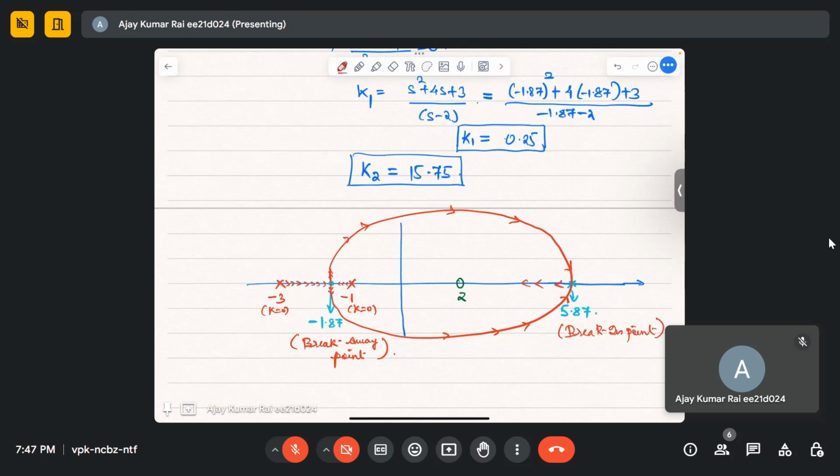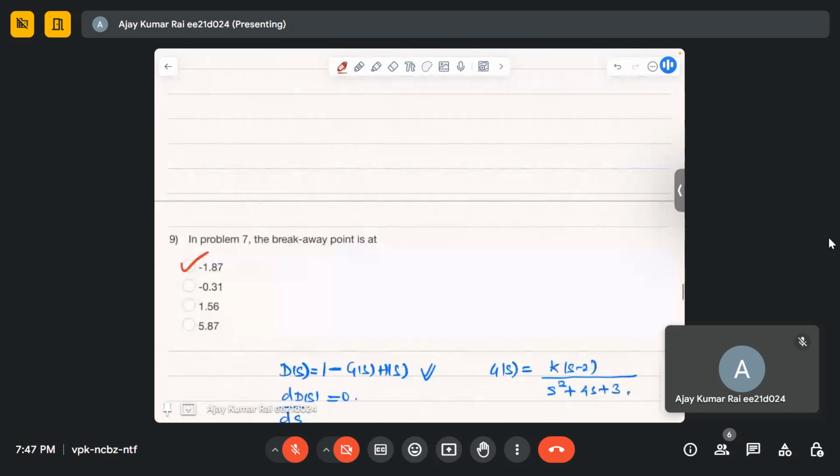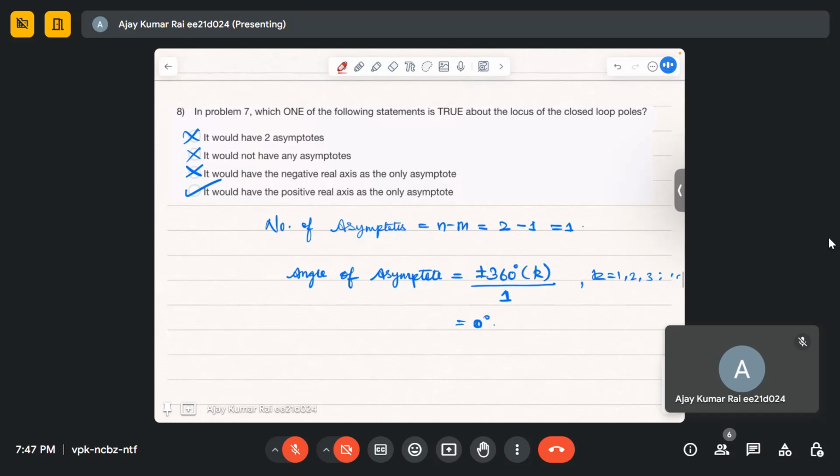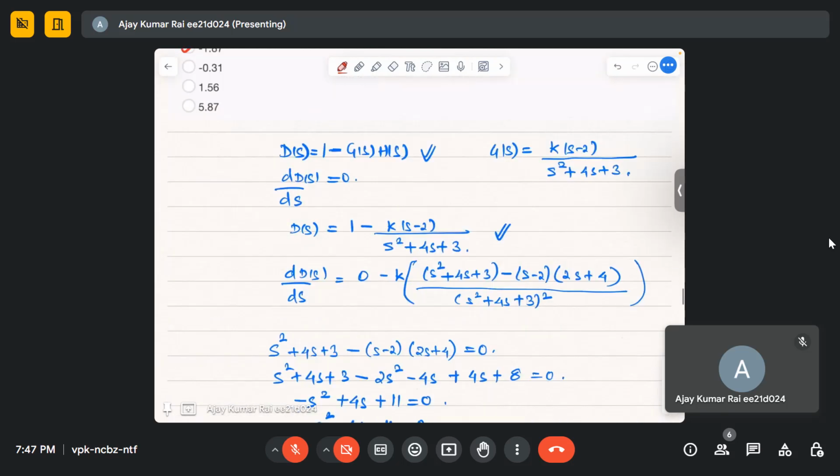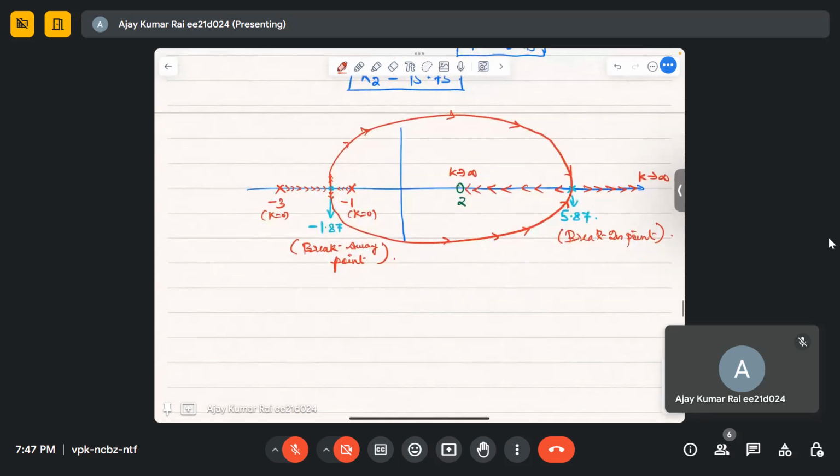And one will go here and one will go to infinity. So this is K tending to infinity, right? So the other will also go to infinity. And for the asymptote question, we also found out that there is only one asymptote and it is making zero angle. Just see this. Only one asymptote is going to infinity, this one, right? You see, it is making zero angle, right?